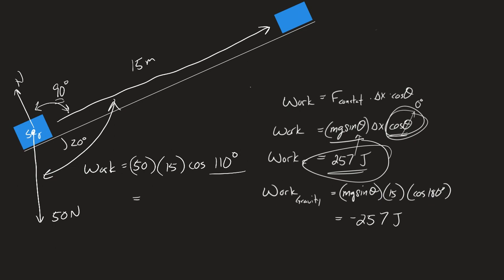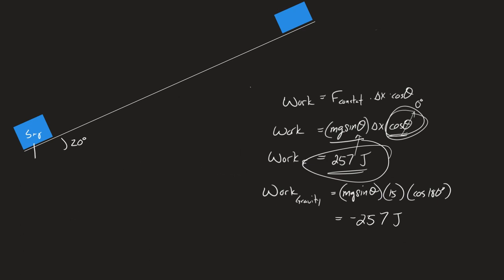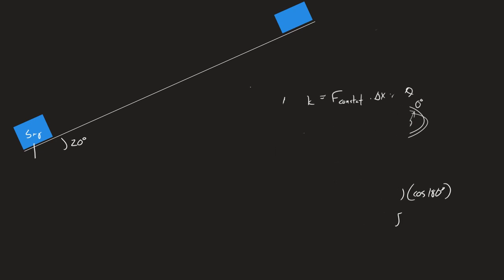By the way, what if the box started at the top of the ramp? I mean, what if I started the box at the top of the ramp and just let it go? There's no friction. Can we agree the box would slide down the ramp? Can you tell me how fast it's going at the bottom? You think this is going to be a lot of things to do, but it's really not. How much kinetic energy will it have at the bottom?